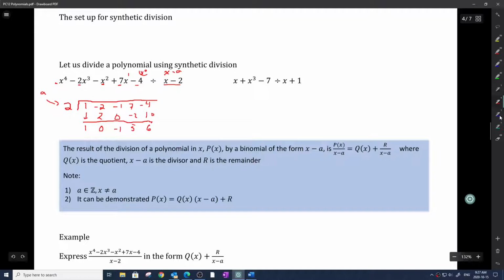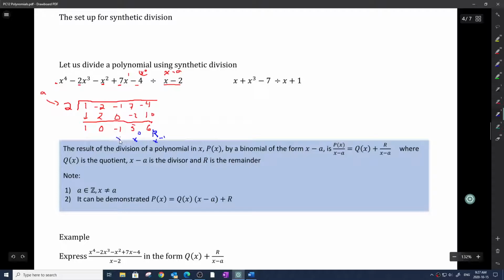So now I need to interpret what it means. Always in synthetic division, the first number on the right is your remainder, which can be represented by r or x to the power of -1. And then we simply count up our degrees. This is x to the power of 0, which is our constant term.